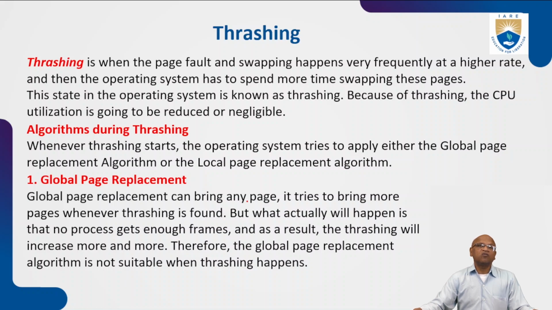So it tries to bring more pages whenever thrashing is found, but what actually happens is that no process gets enough frames, and as a result, the thrashing will increase more and more. Therefore, the global page replacement algorithm is not suitable when thrashing happens. This is the drawback of the global one.